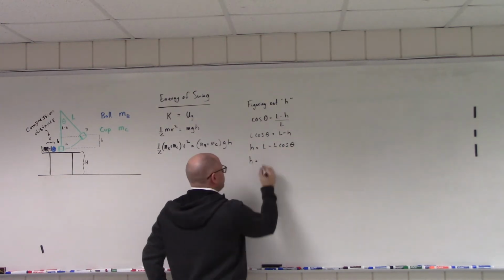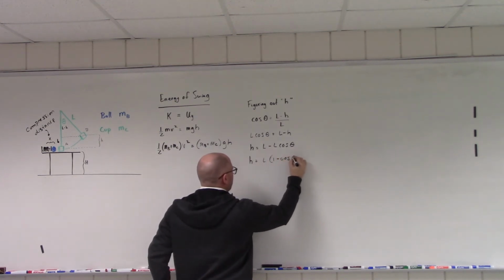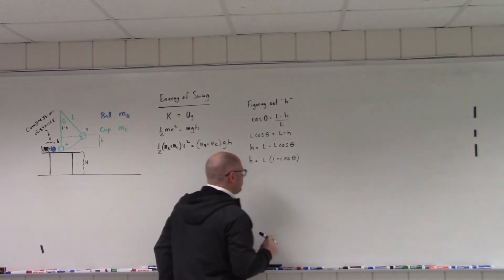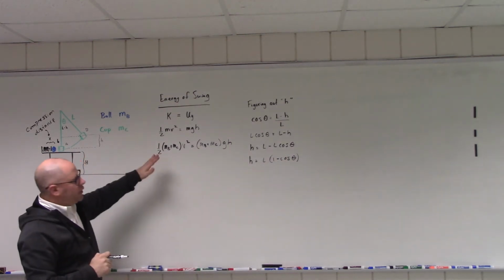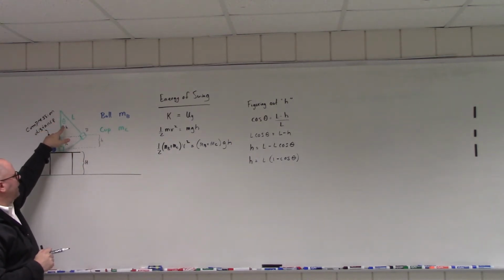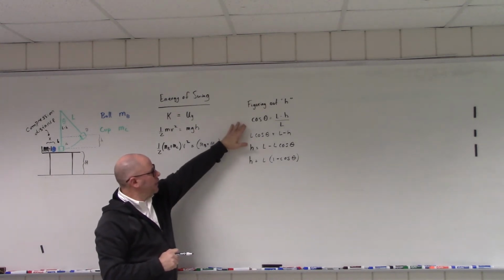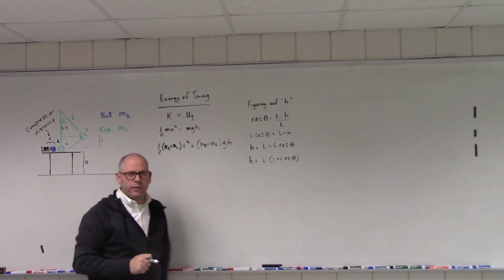And then simplify. So in this problem, the way it's structured, I'm looking up here and I'm given L and theta. How am I going to figure out my h? By using this cosine equation, I can get an expression for h.